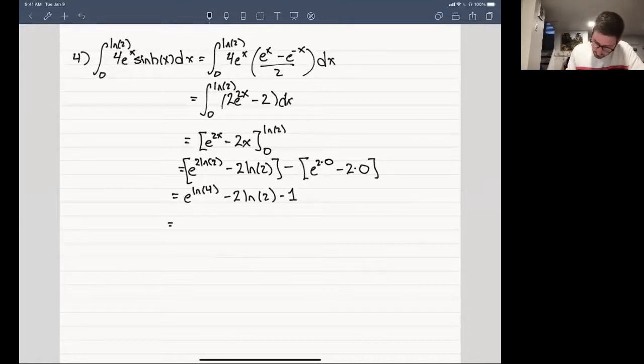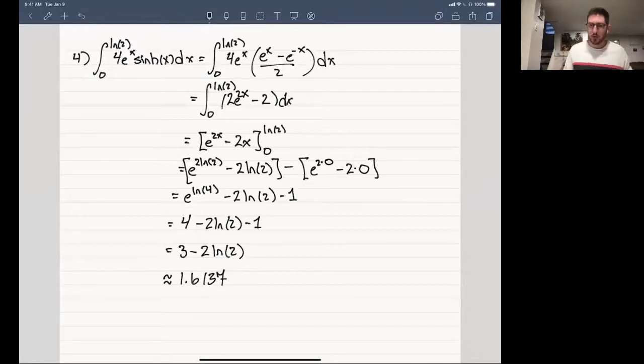So this gives me 4 minus 2 ln 2 minus 1, which is 3 minus 2 ln of 2. So things simplified quite a bit, right? I'm still left with the natural logarithm of 2 in there, but whatever. And if you wanted to, you could find out that this is equal to 1.6137, but that's just after putting it into your calculator.